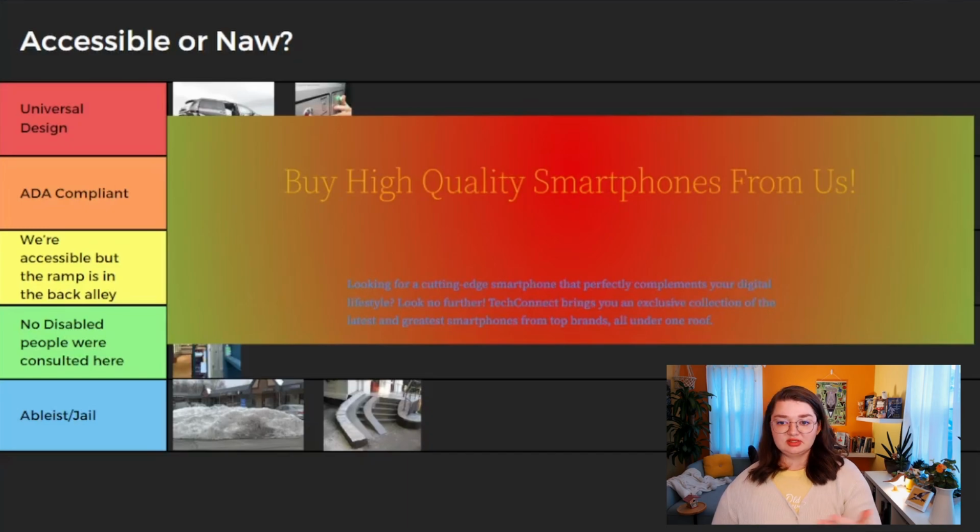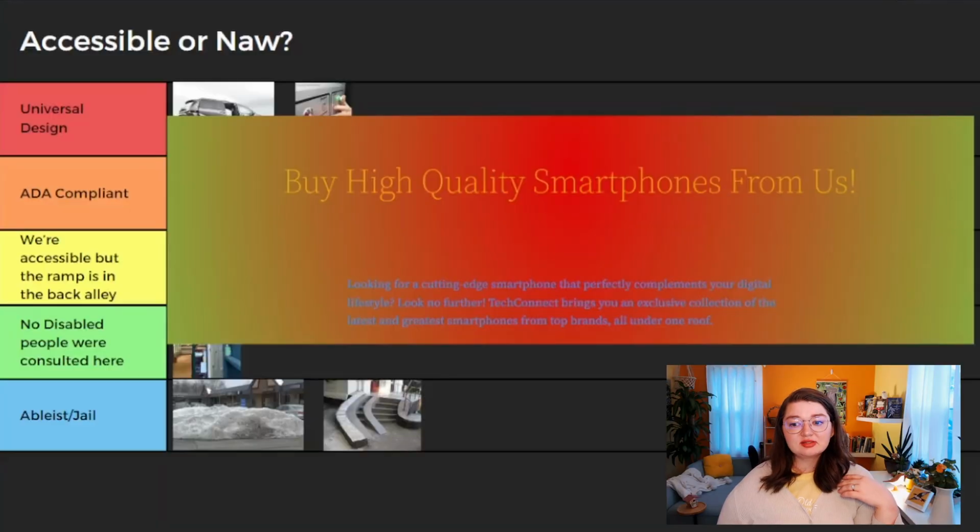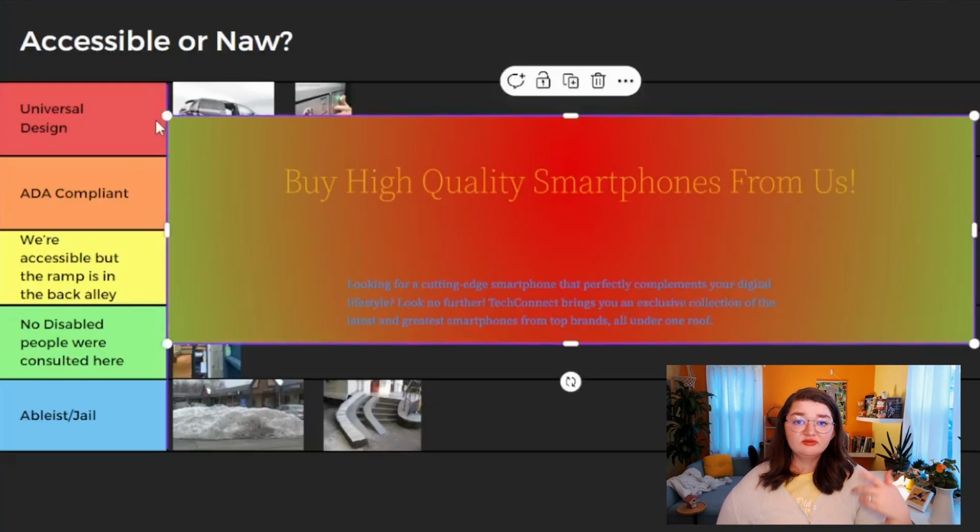And then the text on top, you know, I wear glasses, but I'm not classified as low vision, and I can read the "buy high quality smartphones from us" label, but even I can't really read the blue text. Yikes. So for contrast and just readability reasons, low vision folks are not going to be able to see this. And then if you're colorblind, forget about it.